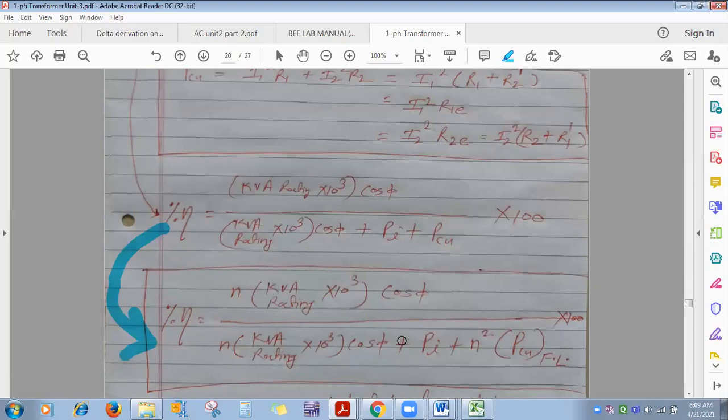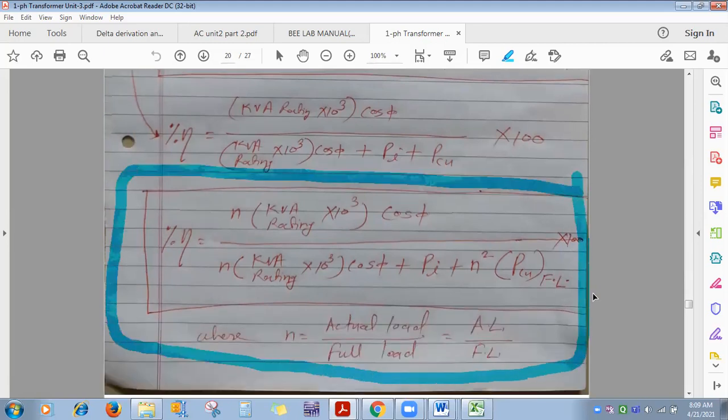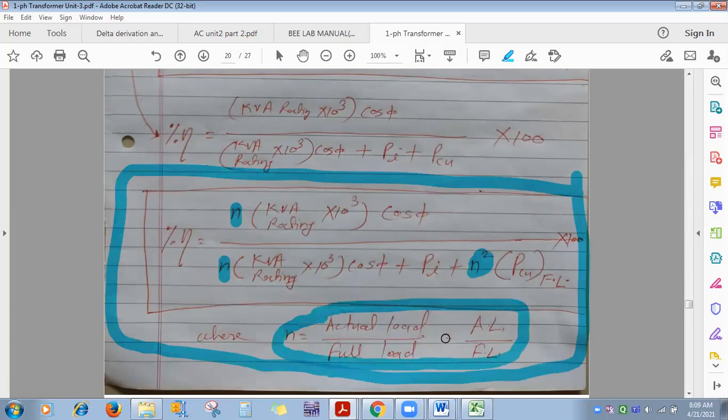For full load also, half load also, 75%, 80%, 85, 60, 40, whatever is the load on the transformer, only one formula of efficiency, all of you keep in your mind this one. Very important it is. That is percentage efficiency, and here small n is there, and here n square is there. So what does n stand for? It's the ratio of actual load upon full load.